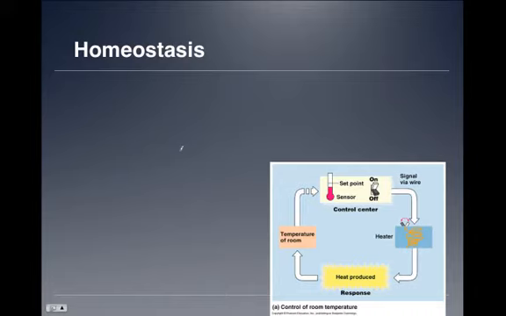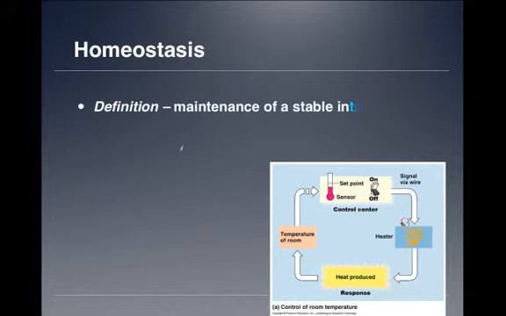So again, throughout the semester, when we talk about each of these different body systems, we're going to talk about how much of the energy within your body is going to be put towards maintaining homeostasis.